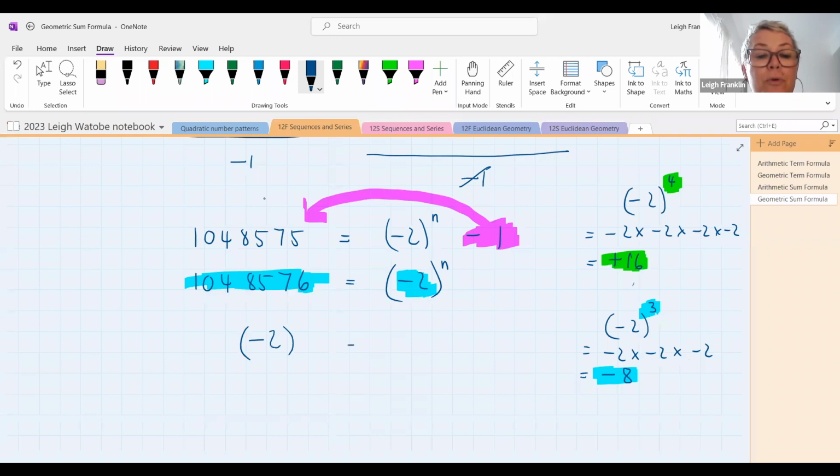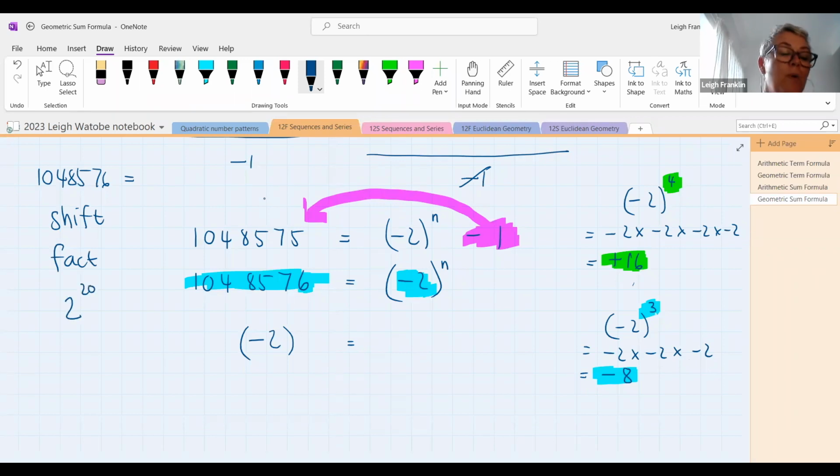Okay, when I put this into my calculator, I press 1048576, and then I must press the equals button. And then I press Shift, Facts, and it tells me that this is 2 to the power of 20. But I know that I'm working with negative base 2.